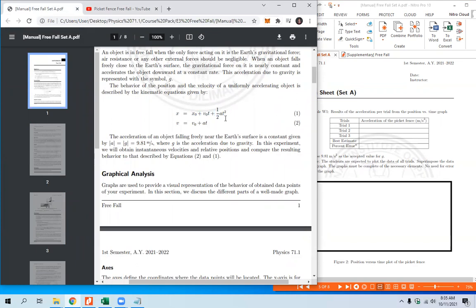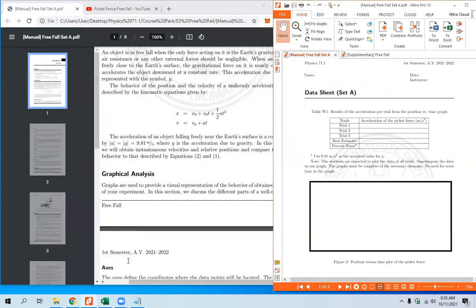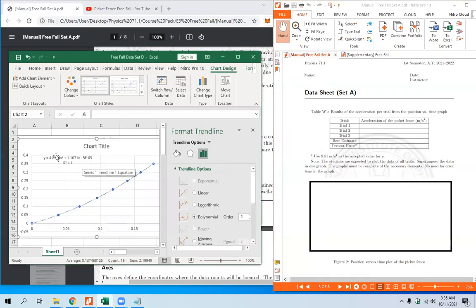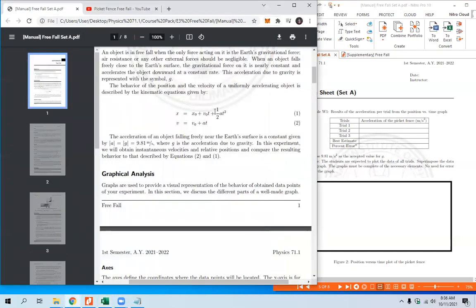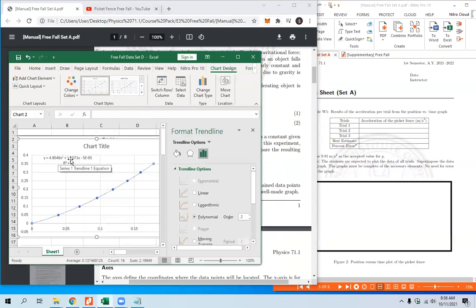From here, you can see you have an equation for the trend line with a squared term, a linear term, and a constant. So you get the acceleration and compare it here. The 1/2 a, you get from the squared term of the trend line.